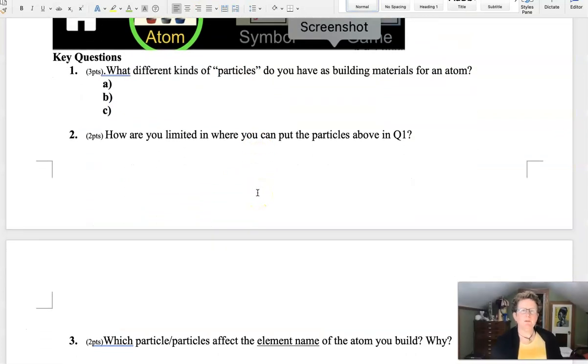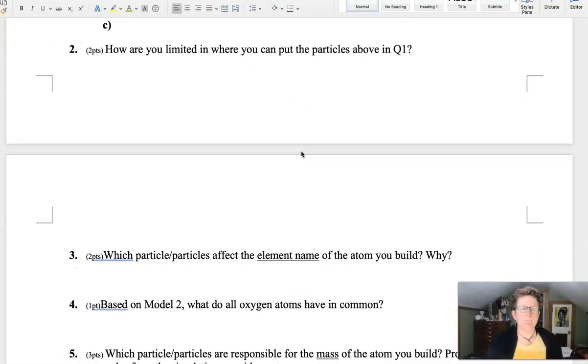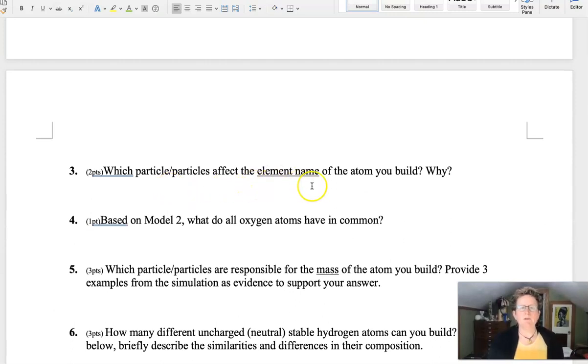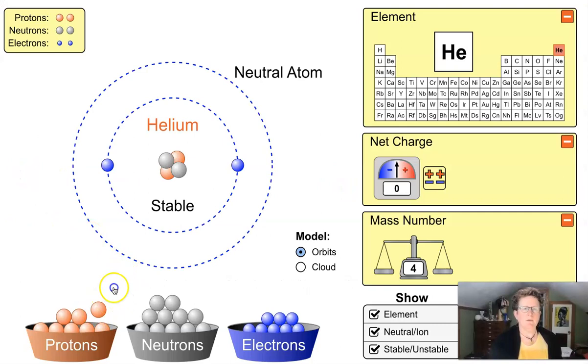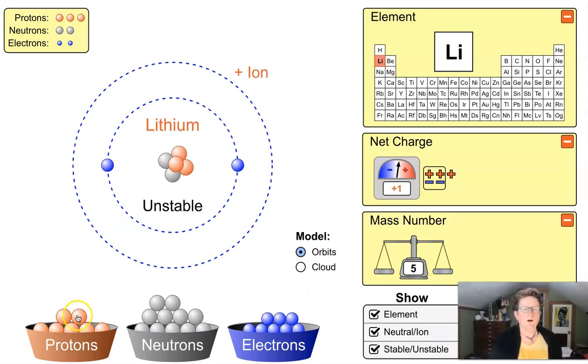So how are we limited where we can put the particles? Only the protons and neutrons can go in the nucleus, and only the electrons can be around the outside. Which particle or particles affects the element name? Well, I'll give you a hint here. Watch the periodic table here.